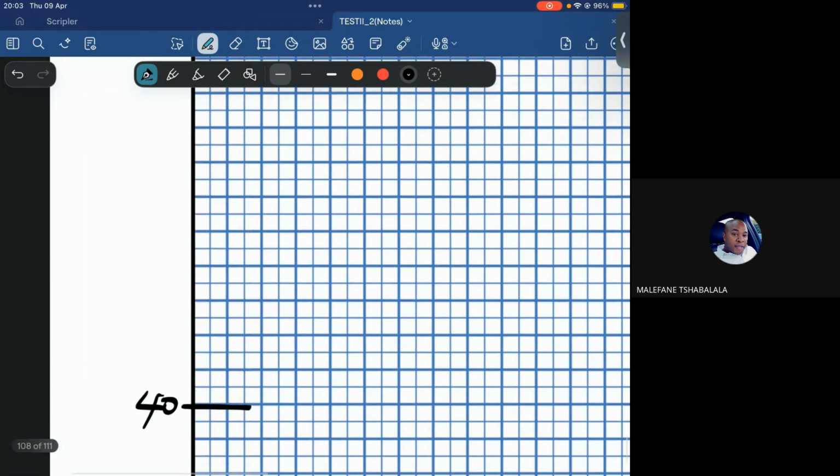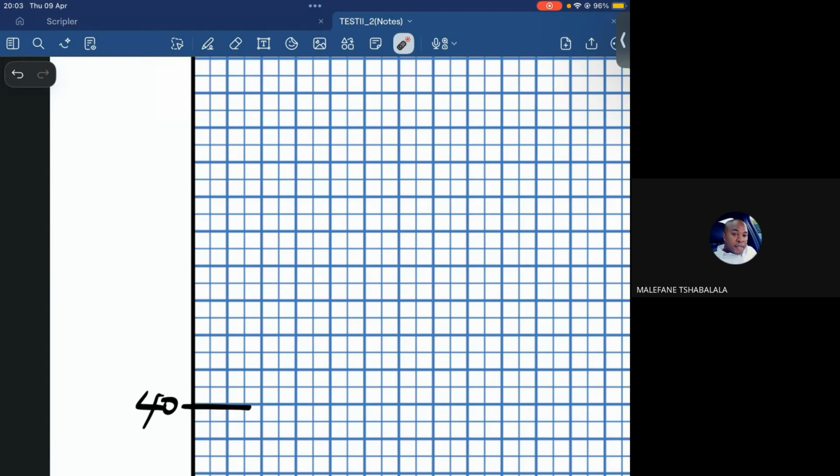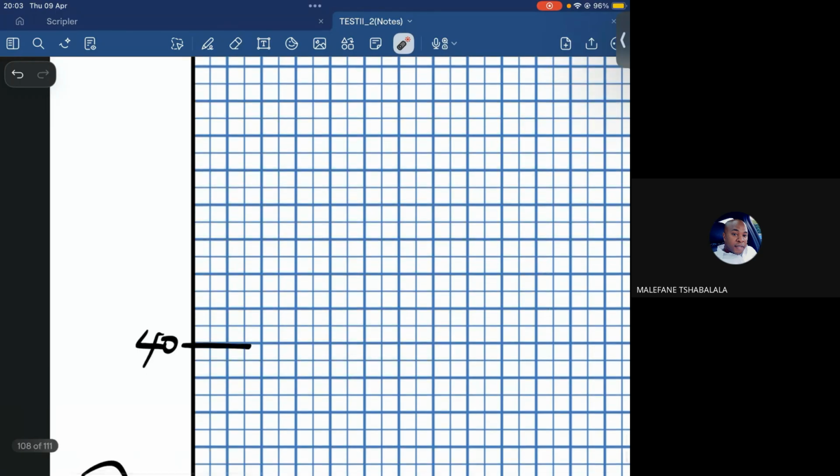Lastly, like I said, let's have a maximum reading of 50 meters along the y-axis. So we'll count from 40 now, and then count 5 major horizontal grid lines going up: 1, 2, 3, 4, 5.